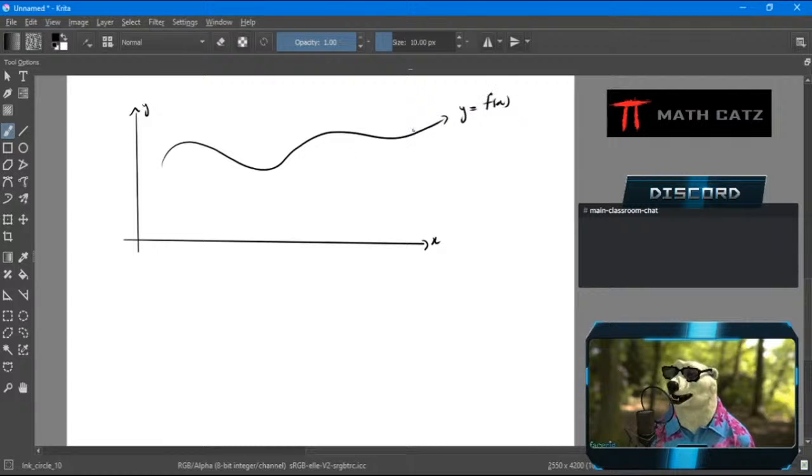Doesn't matter what it looks like. And I'm going to go from a, and ultimately I do want to go all the way to b. Oopsie.